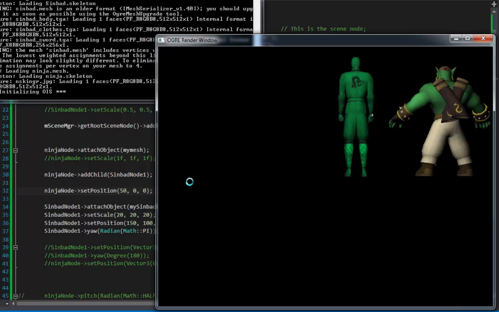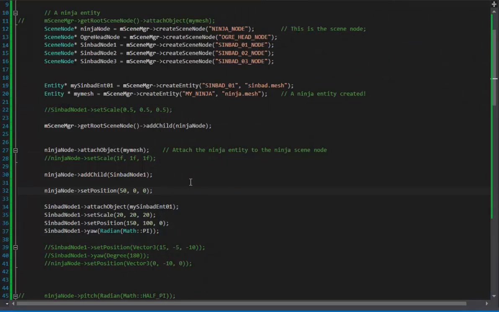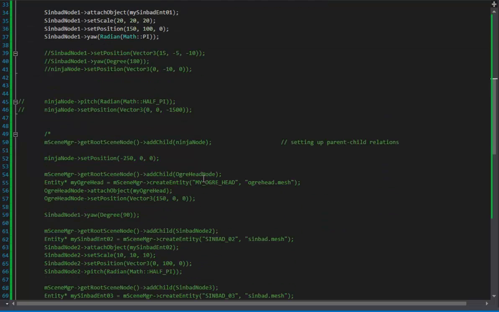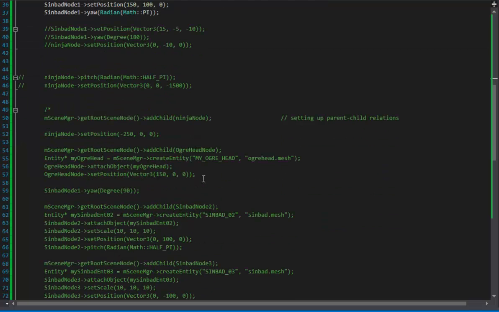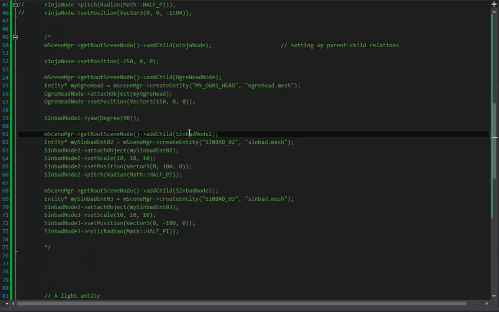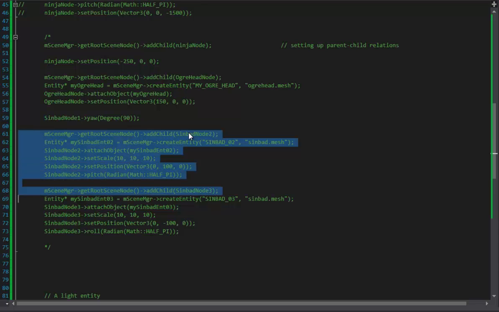Then we'll do two Sinbad nodes. And the good news is that we already have these two Sinbad nodes here. So Sinbad node 2, which we created here. And we have the entity for it and the attached object. Now I'm going to bring everybody up, Sinbad node 2 and 3.